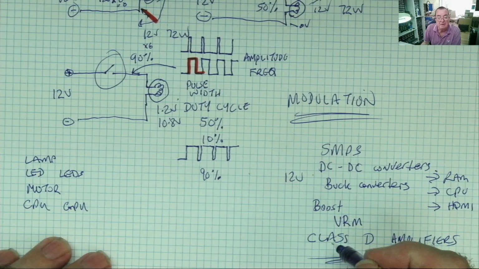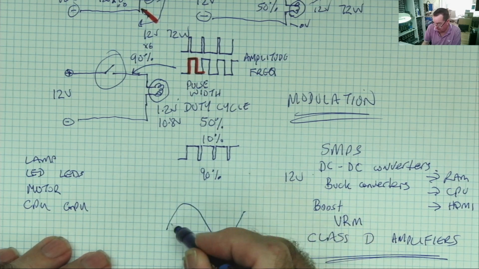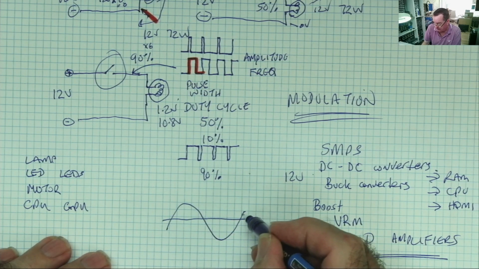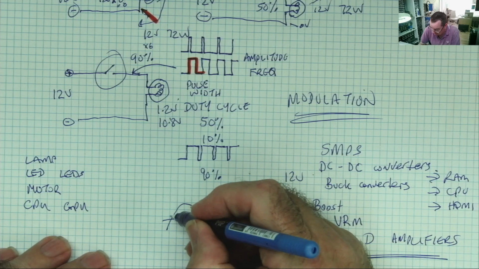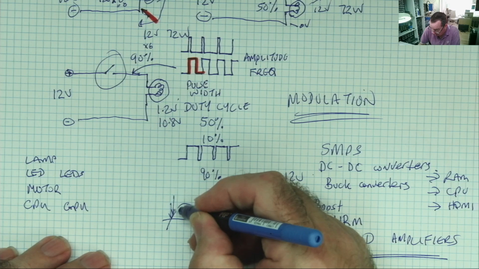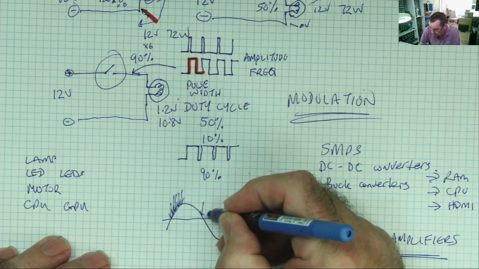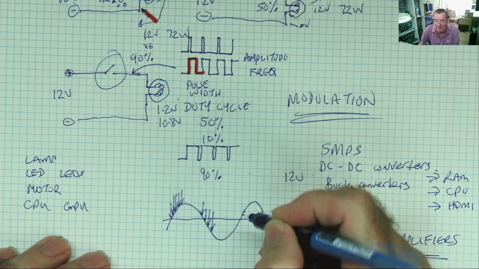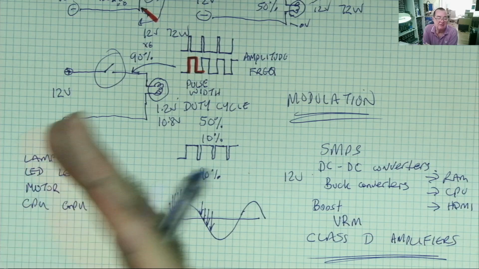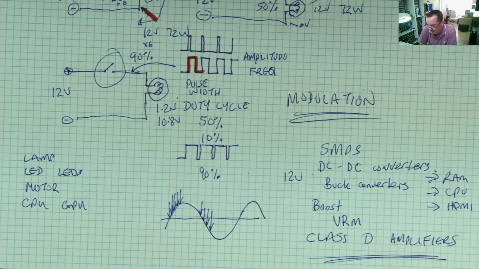For example, with the class D amplifier, you may want to carry the changing voltage of a sine wave, and you need to sample this sine wave at many points. The more points you sample it at, the more accurately you can carry the information by modulating the pulse width. So that's where PWM is generally found.